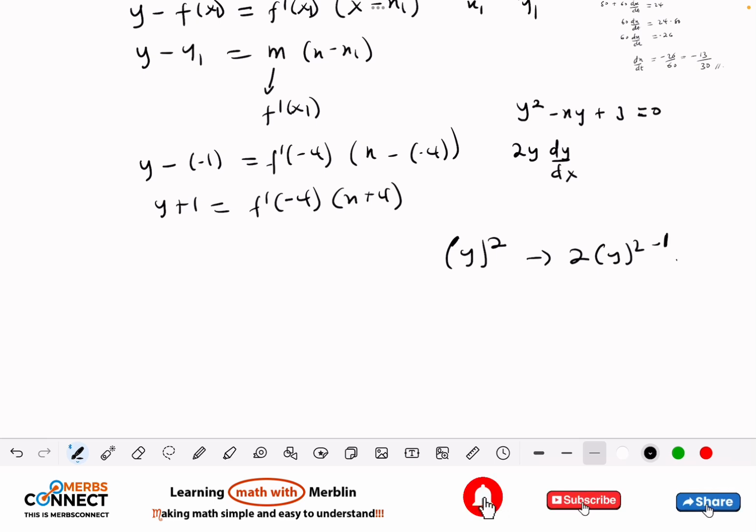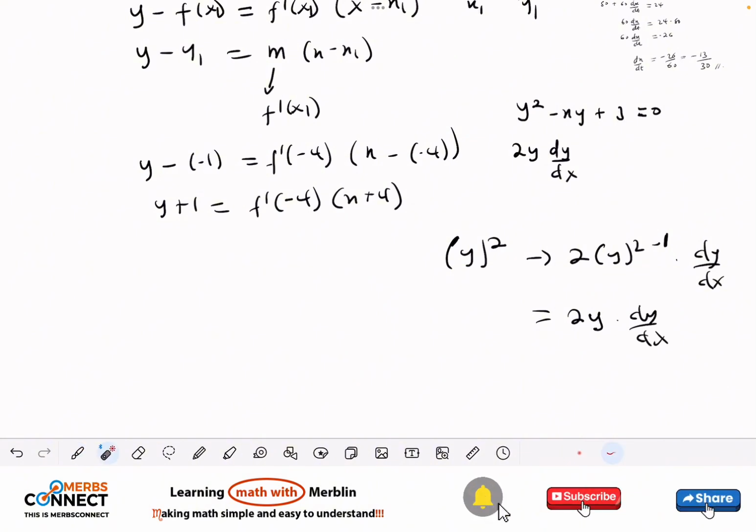Then you use the chain rule. Now you differentiate what is inside the bracket. But we are differentiating with respect to x. So either we write y prime or we can also use dy over dx. So when I simplify this, I get 2y dy over dx, which is something right here. Is that right? Good.